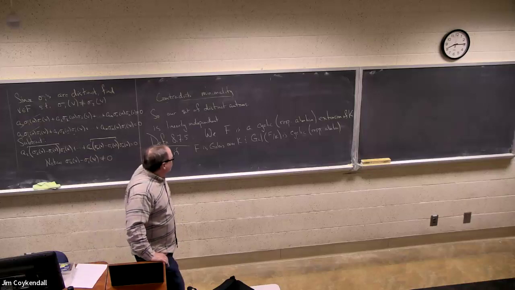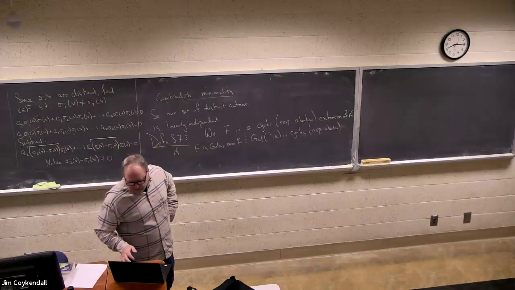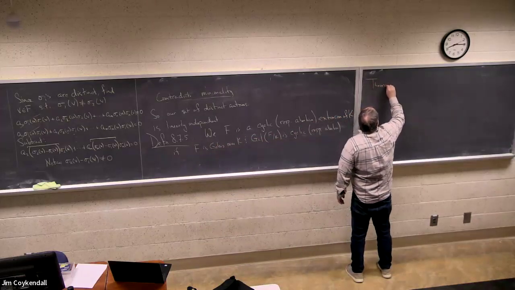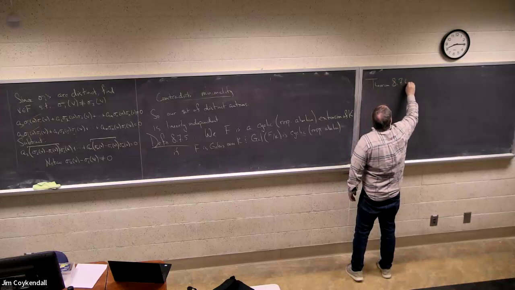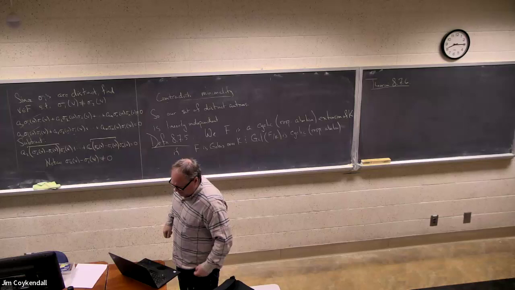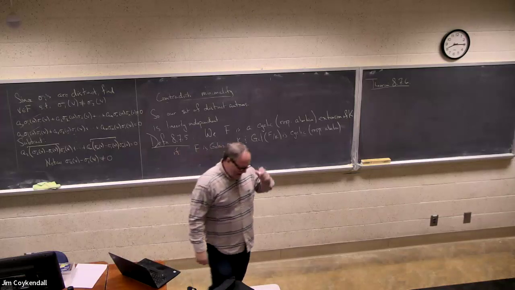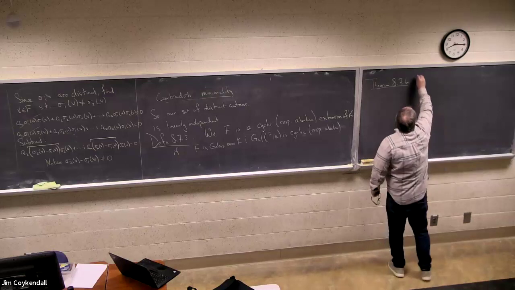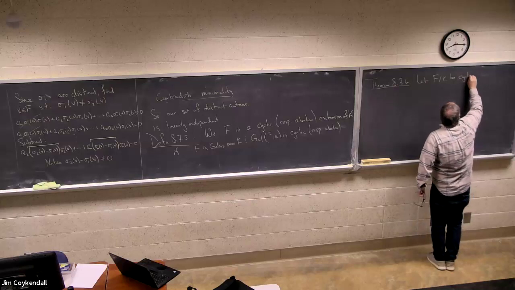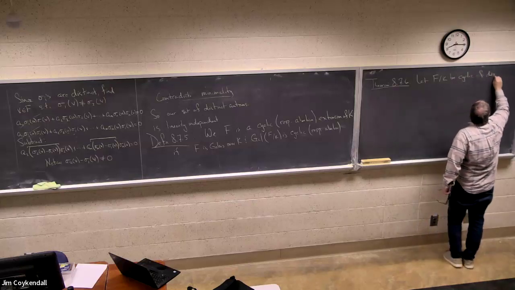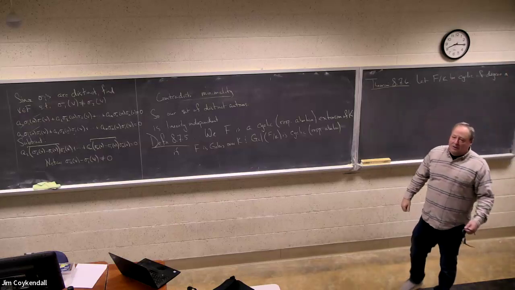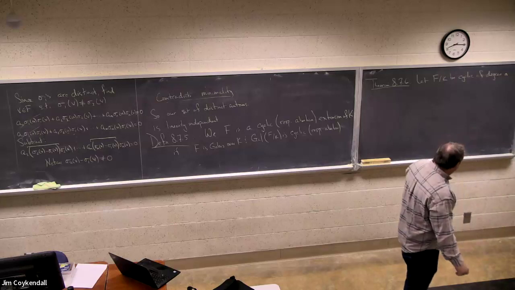So now with these definitions in hand and this notion of linear independence, here's our theorem. Let F be cyclic over K of degree n. So this is an extension of degree n, and when I say cyclic, I'm saying that it's Galois.